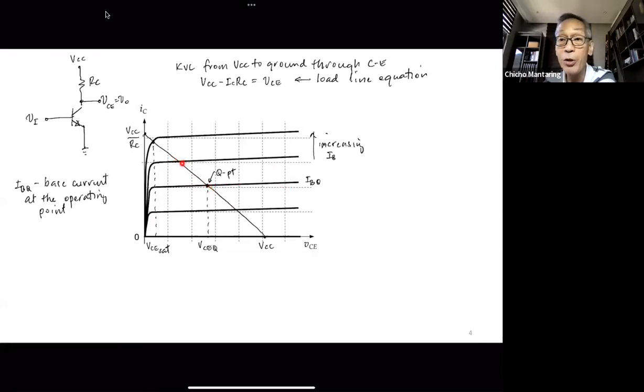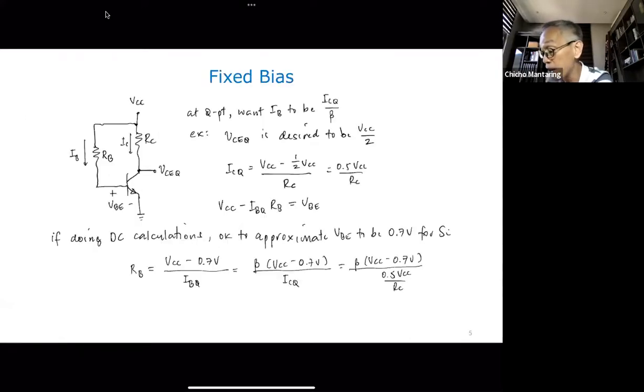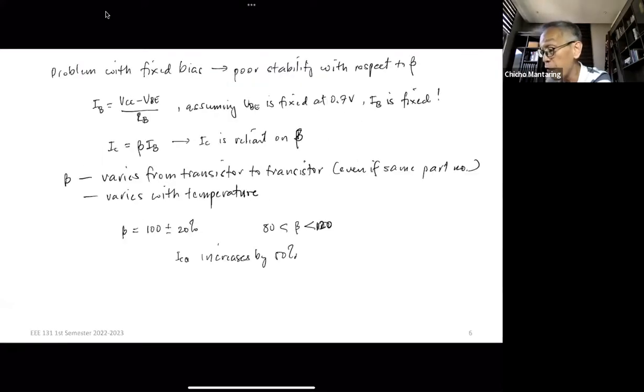So that now becomes your new Q point, and because your new Q point is closer to saturation, you're going to have distortion. That is the problem with the fixed bias. The root of the problem is that IB is fixed. It does not change.